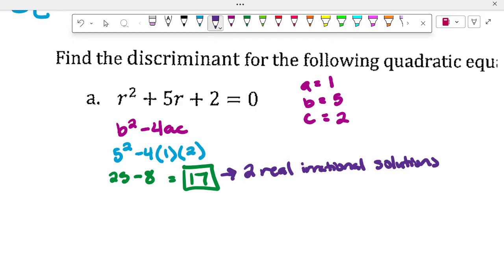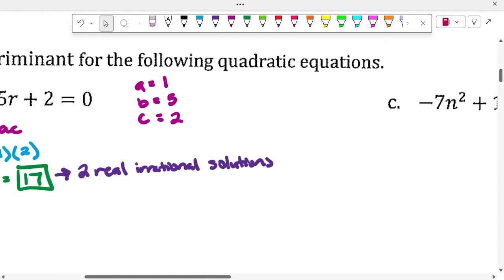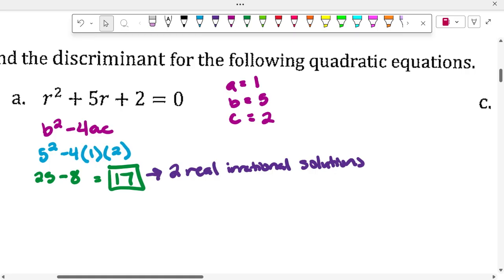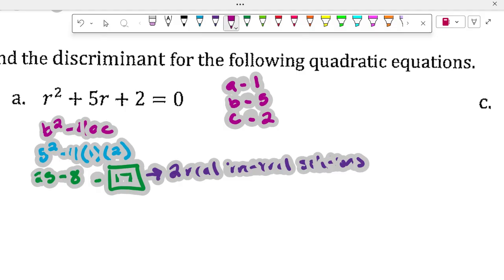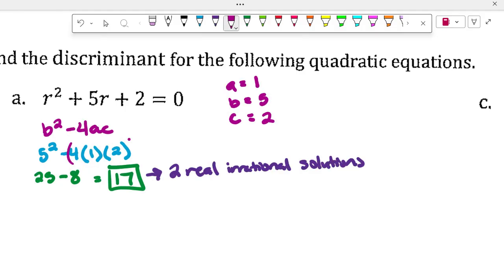If we were to solve that by hand, which we can't until we learn the quadratic formula, we would still have a square root in our answer without a perfect square underneath it. Any questions on that one? So again, it's just plugging and chugging into a formula, guys. It's not difficult. You can honestly put this in your calculator. You just got to make sure that you put parentheses around at the very least this part.